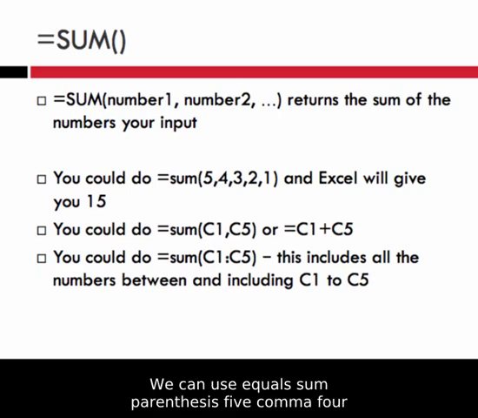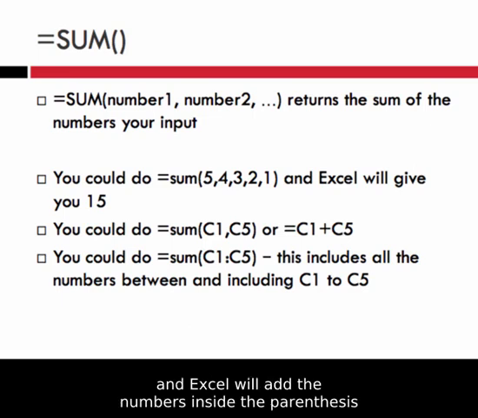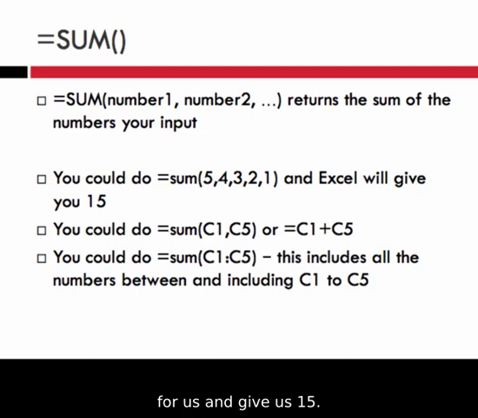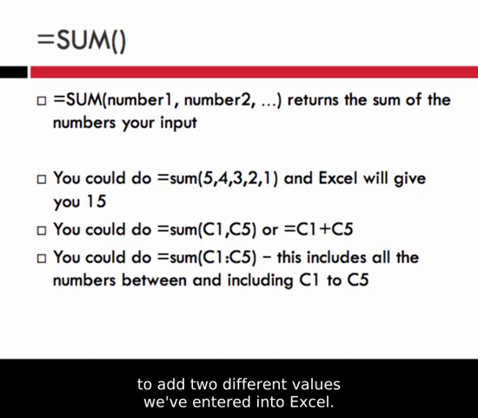We can use equals sum parentheses 5, 4, 3, 2, 1, end parentheses, and Excel will add the numbers inside the parentheses for us and give us 15. We can also use the sum to add two different values we've entered into Excel.